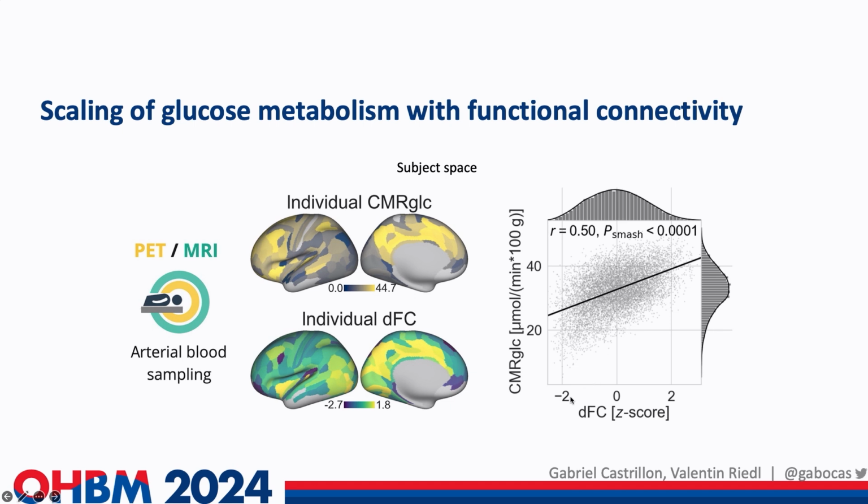So we see that the degree of functional connectivity explains a bit less than a third of the variance in the CMR glucose.